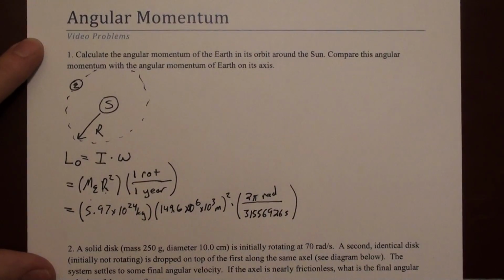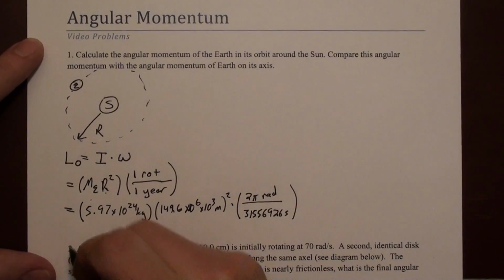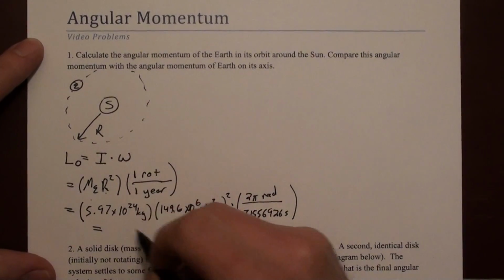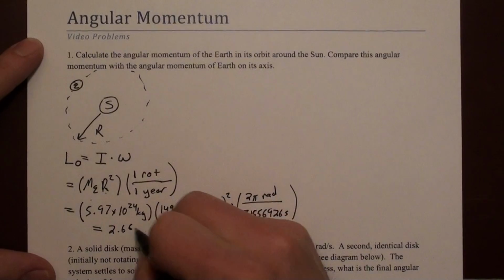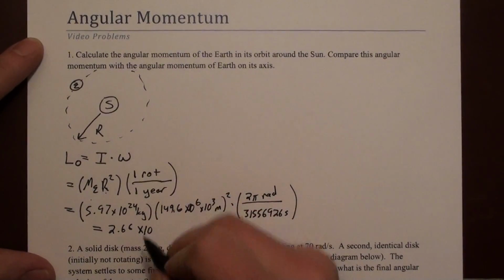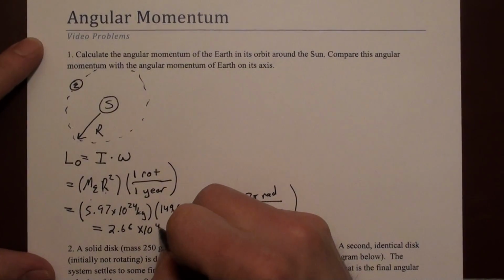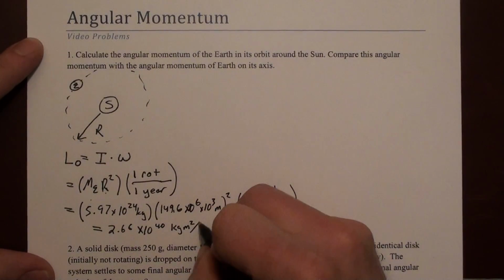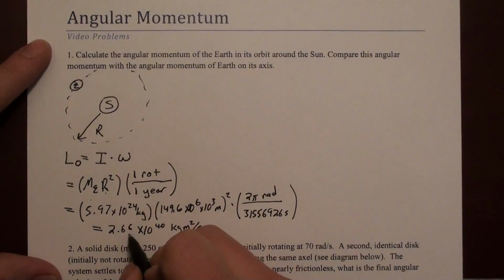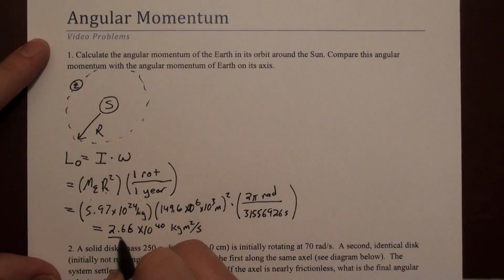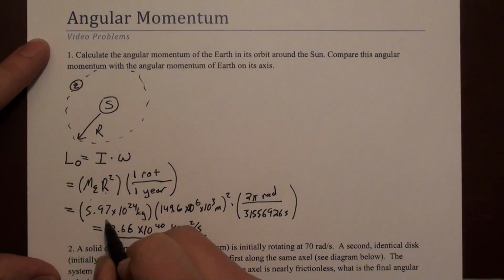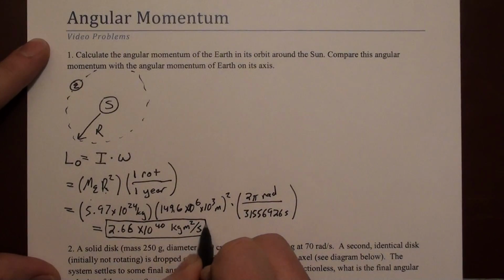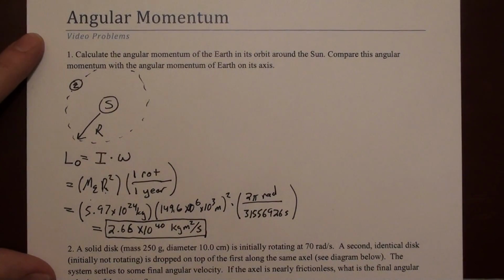If you multiply this all out, what you get is 2.66 times 10 to the 40 kilogram meters squared per second. This is the angular momentum of the Earth as it orbits the Sun.